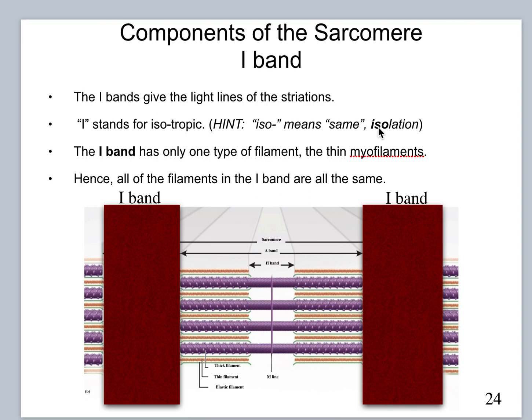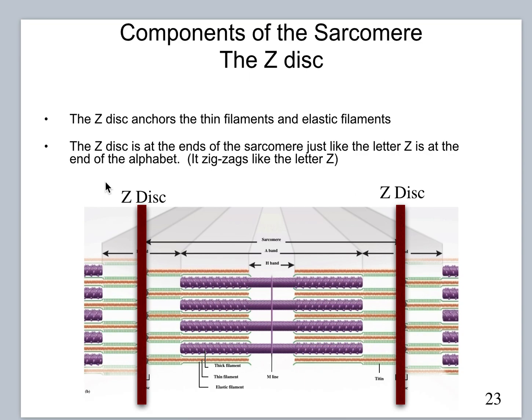So the I band has only one filament, and that's why it's iso. It has a thin myofilament. See, there's only thin myofilaments here. There's no thick myofilaments in the I band. It just has the thin filaments only.